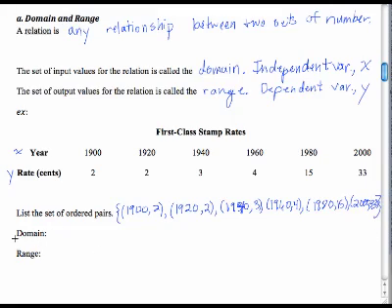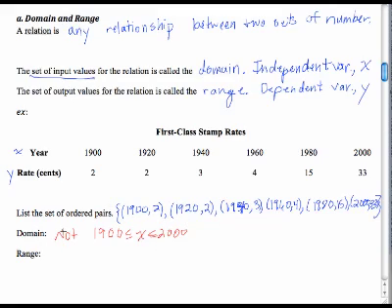The domain, that's the set of input values. Well, let me show you what it's not. It's not this. Because when you use an inequality, unless you specify that x is not a real number, you just assume that this means x is a real number, which means you're including all the years and even all the decimal numbers, which really don't make sense, in between 1900 and 2000.